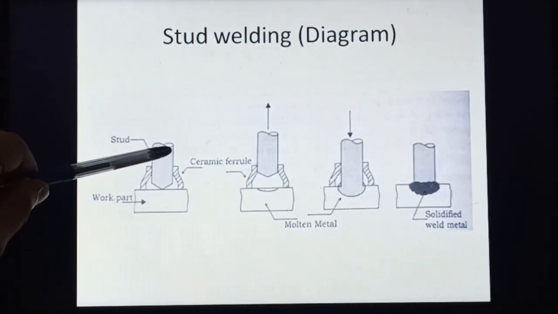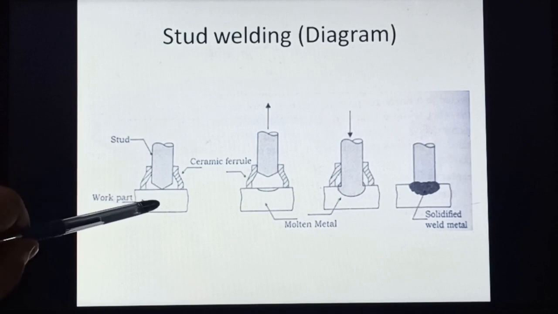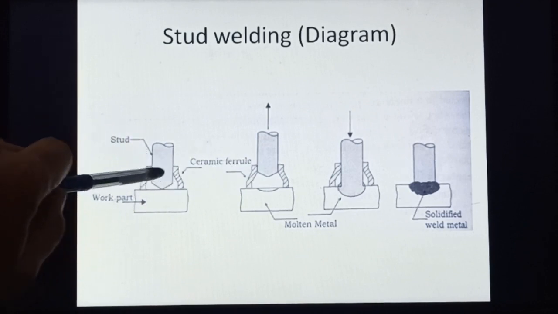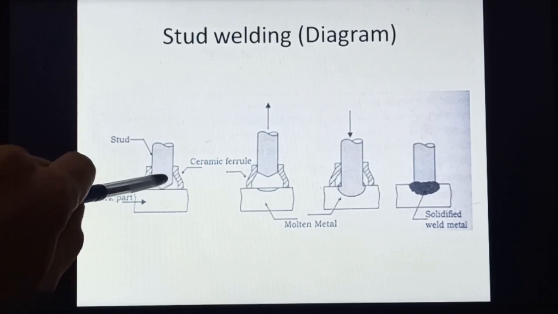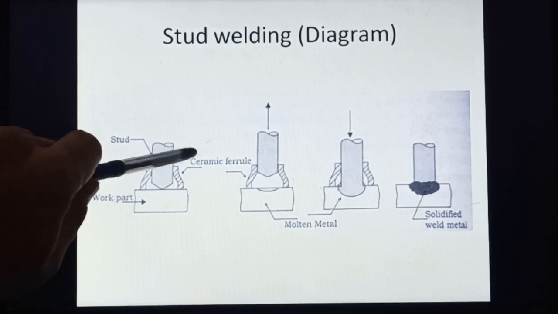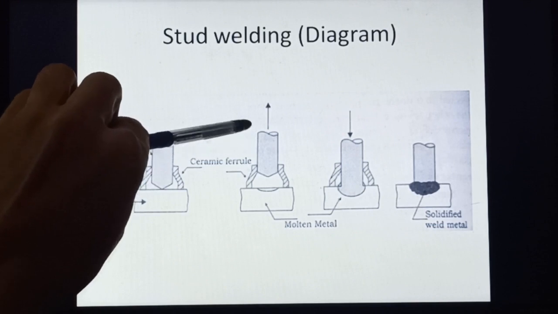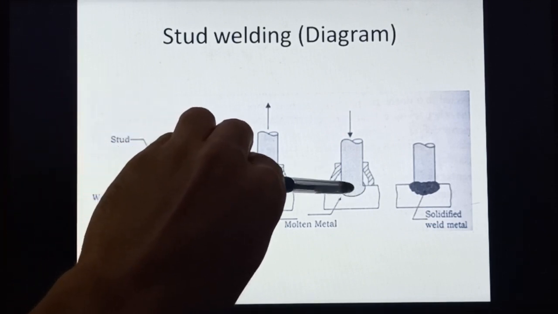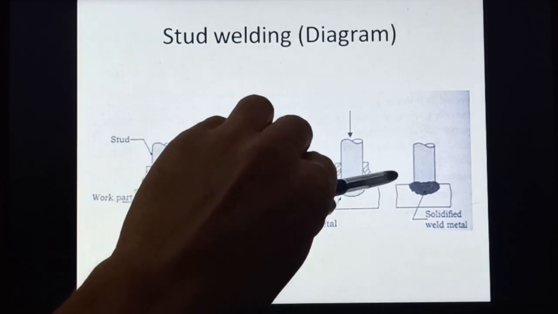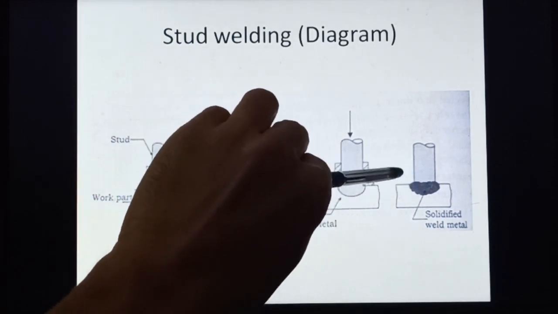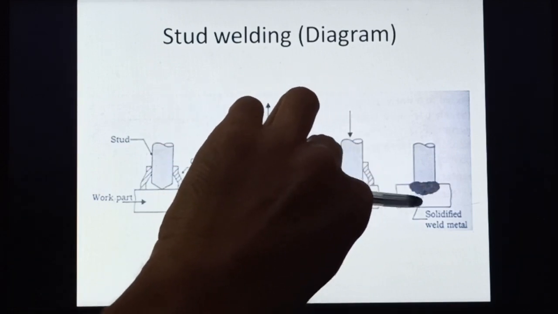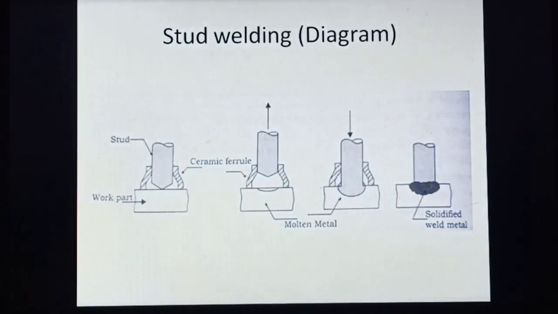This is the stud and this is the workpiece, and this is the ceramic ferrule which covers this portion from the atmosphere. We apply heat and molten metal is formed, and after that we remove the ferrule so that solidified weld metal is formed here.